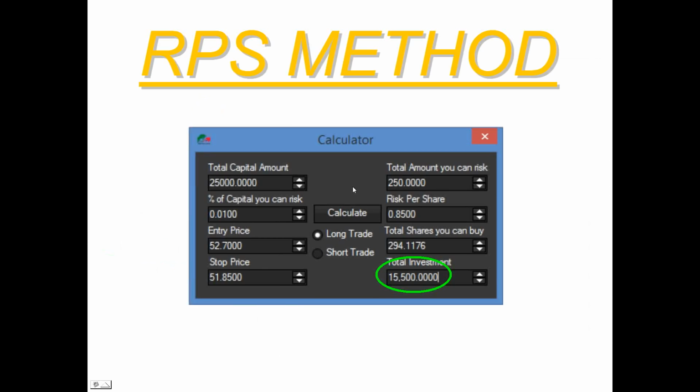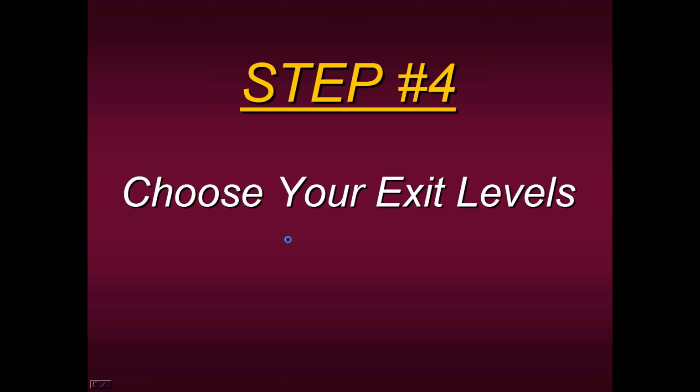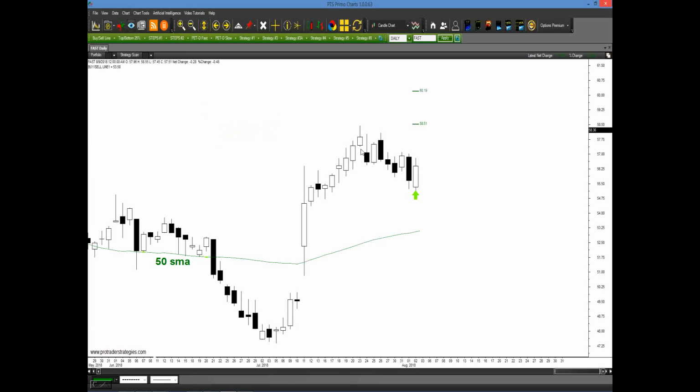Where we entered was at 52.70, and if I go forward here, we made roughly about 8 points. Okay, now 8 points on $250. That's a very nice amount of money to risk $250. So you see here how you did very well on this particular setup.